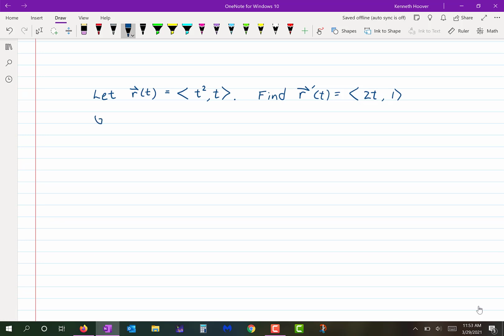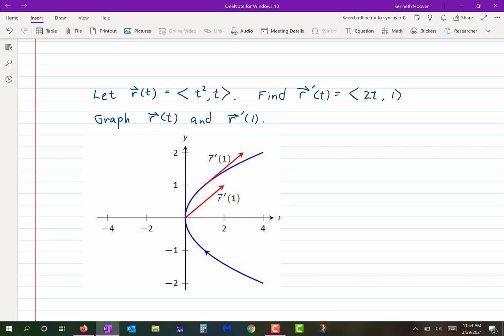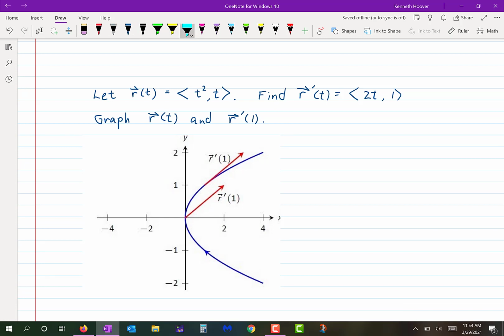Let's continue with that. Let's graph r of t, and also let's graph r prime of 1. Okay, I'll show you this picture. So that blue parabola is our function r of t. Now what's r prime of 1?